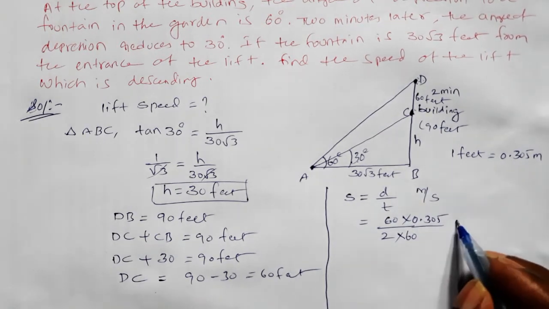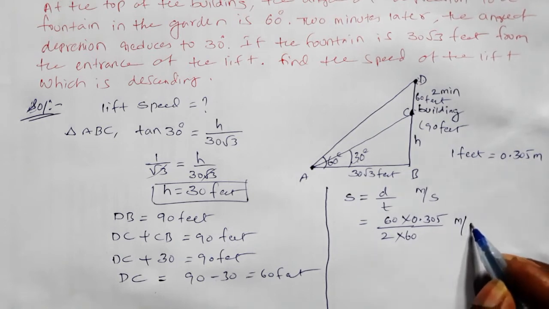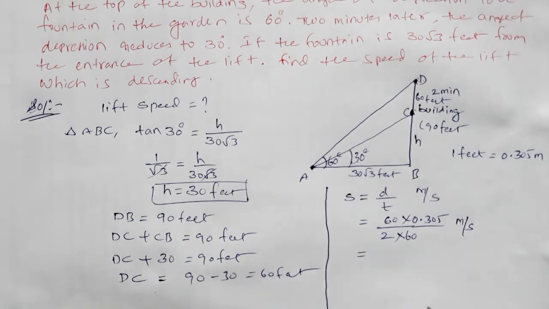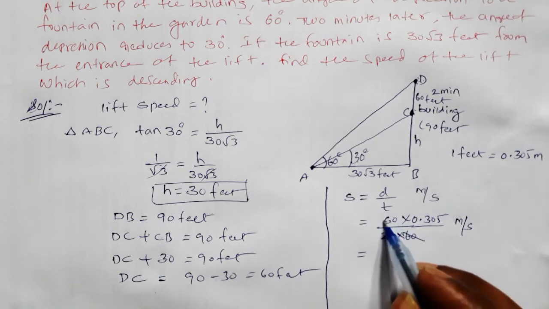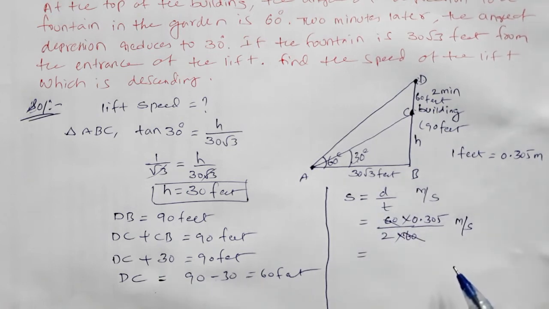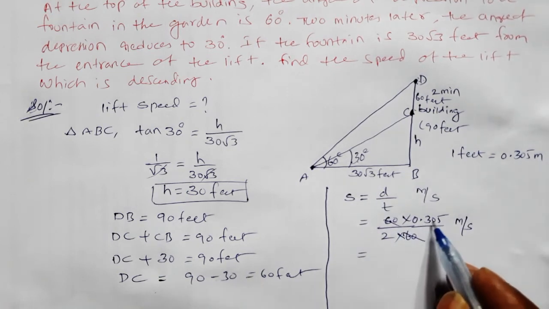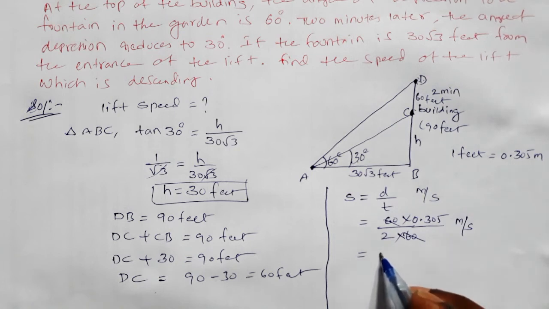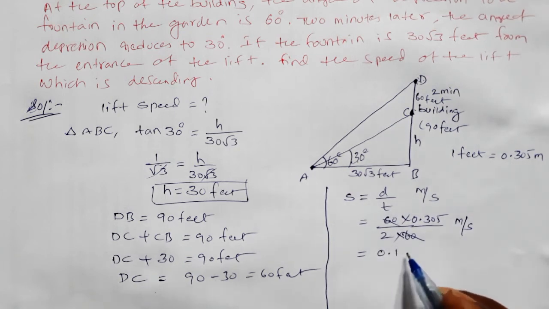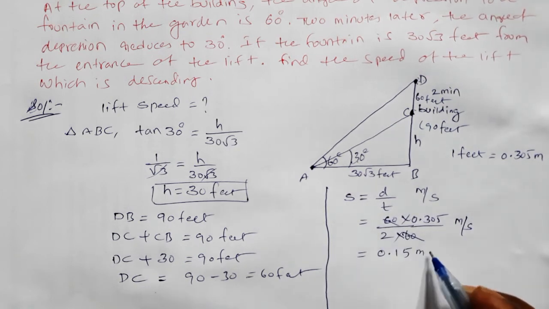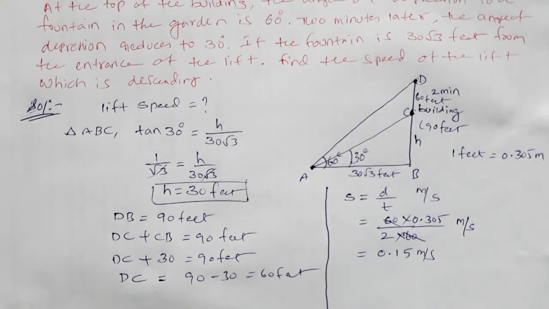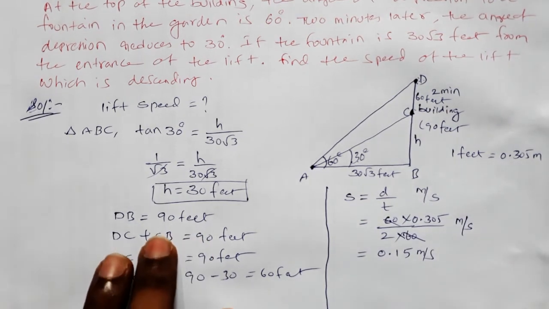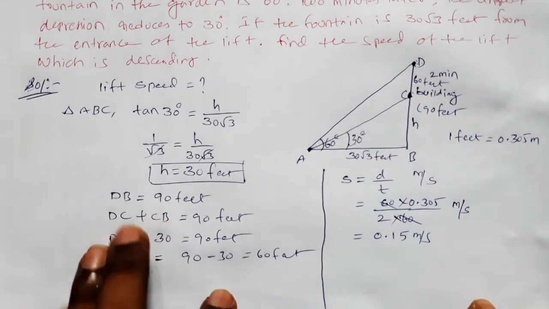Now if you simplify this, you will get the answer in meters per second. That is 60 times 0.305 divided by 2, you will get 0.15 meter per second.